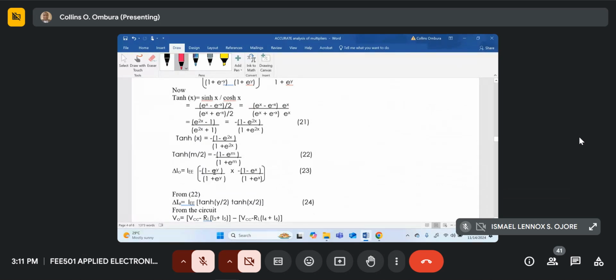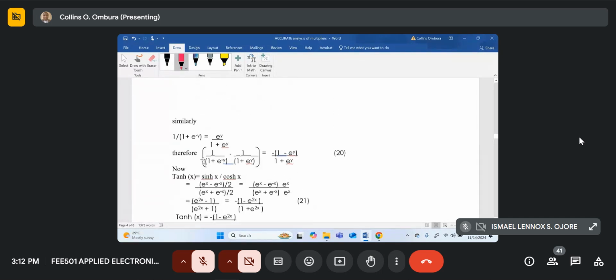The first term of the bracket, in terms of y, is 1 minus e to the y, all divided by 1 plus e to the y, times the second term, which is minus 1 minus e to the x over 1 plus e to the x.